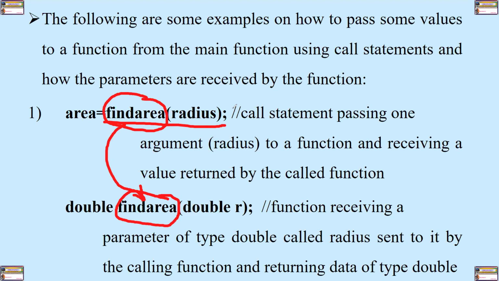Then this call statement is passing one value, an argument called radius, to the function called find area. So this is what will happen.